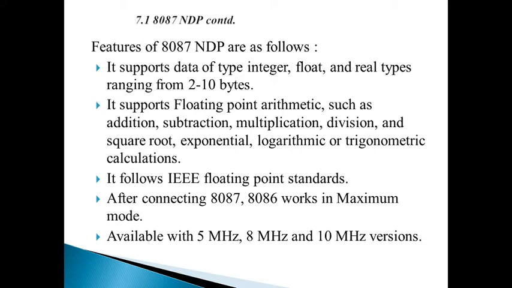This increases the overall speed and performance of the entire system, and every instruction of 8086 which is used for the 8087 will start with F as a mnemonic. For example, if 8086 has the instruction add or multiplication, 8087 will provide this instruction as F add and F mul.